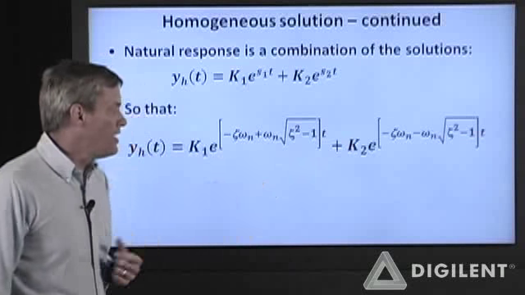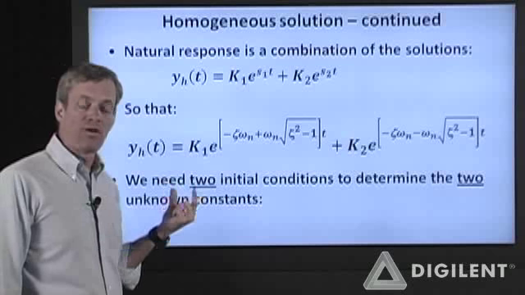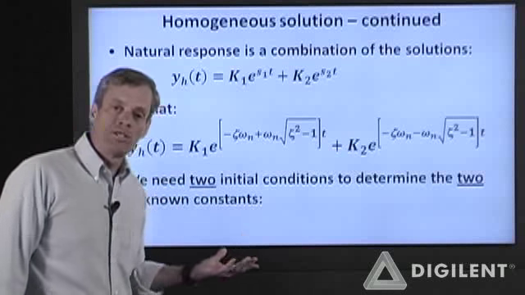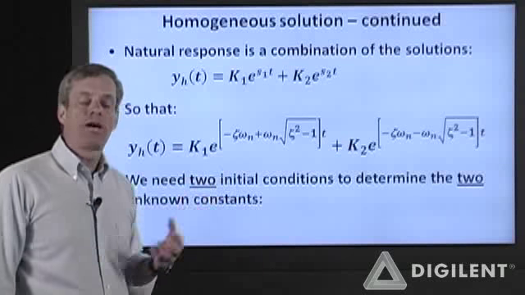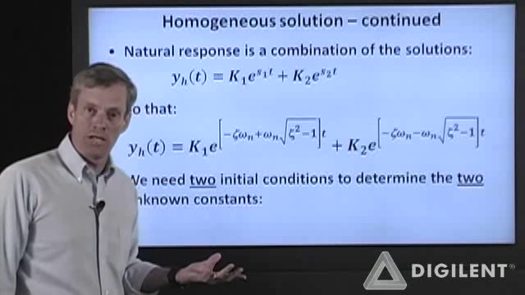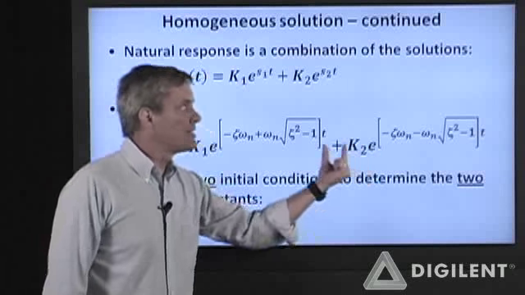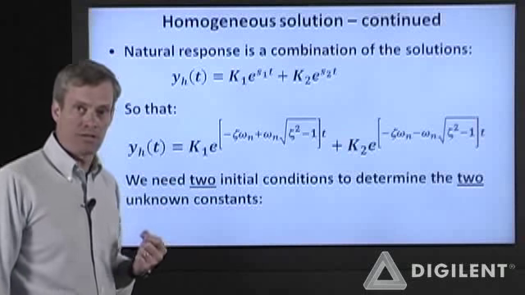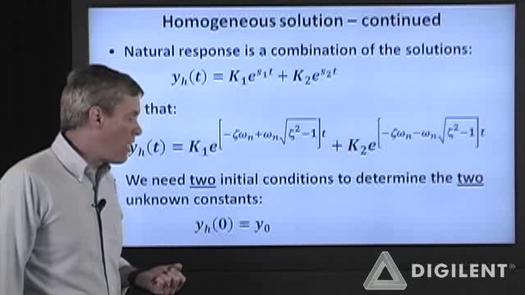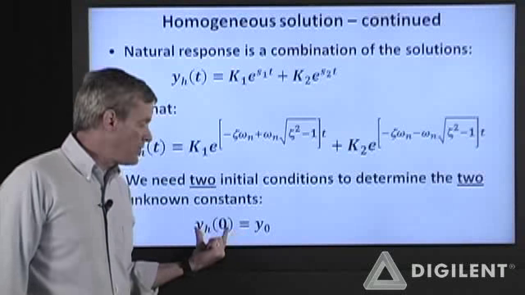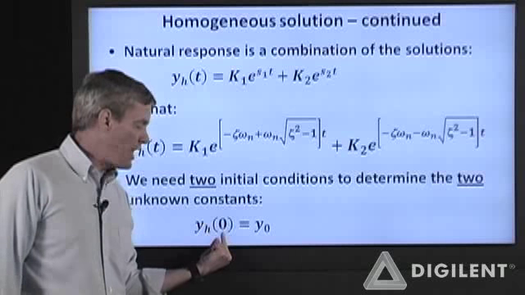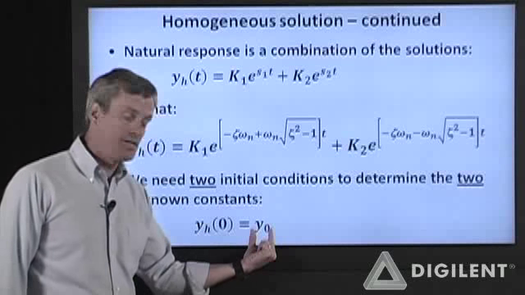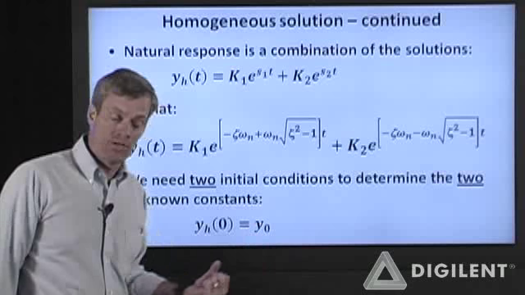Now we have two unknown constants. When we did first-order differential equations, we had one unknown constant. We needed one initial condition. Now that we have two things that we need to determine about the natural response, we need two initial conditions. Generally, these are, first, the value of the homogeneous solution at time t equals 0 is some value y sub 0.